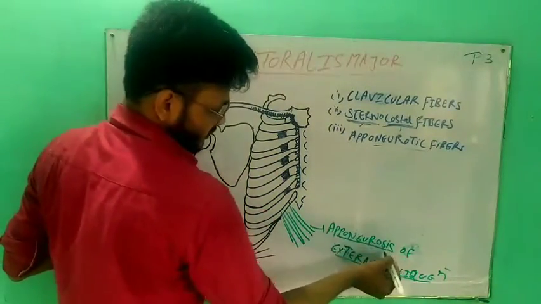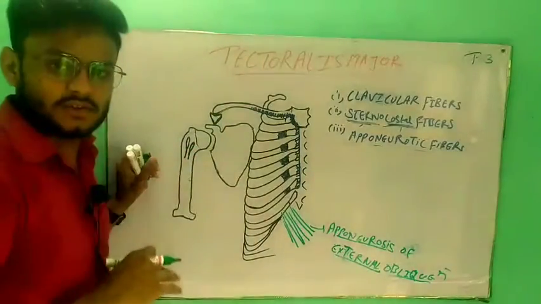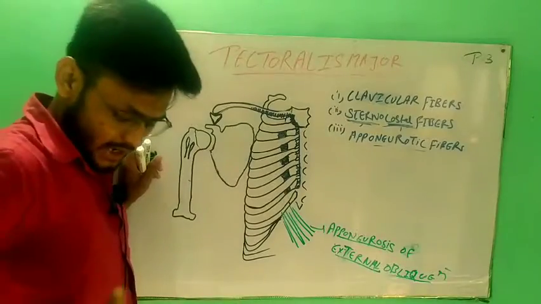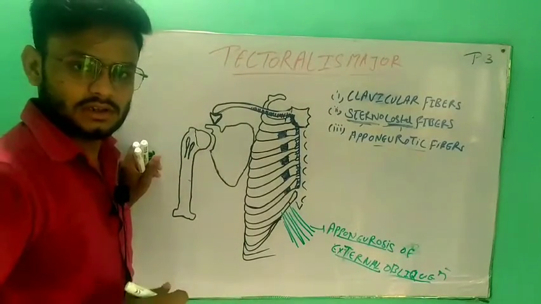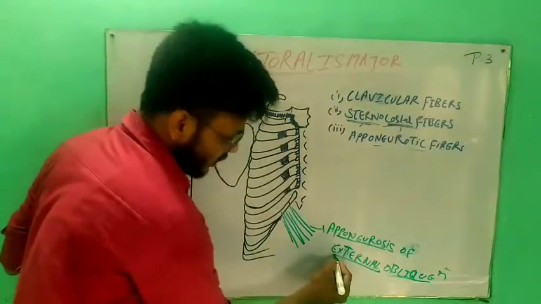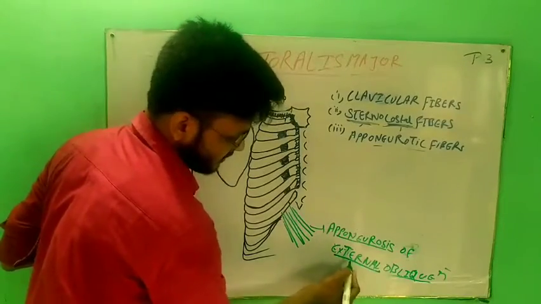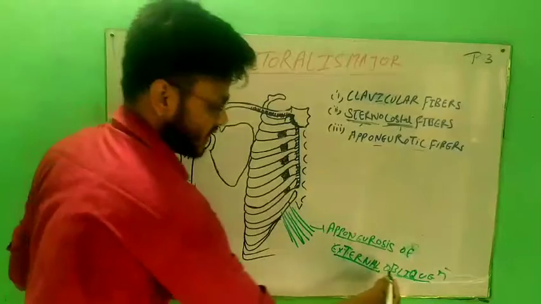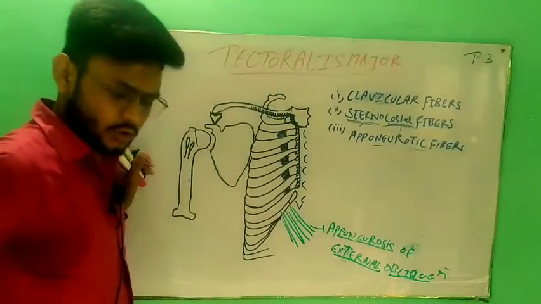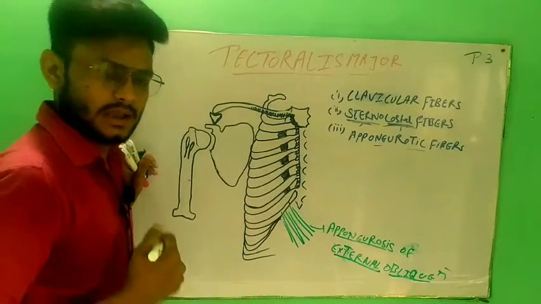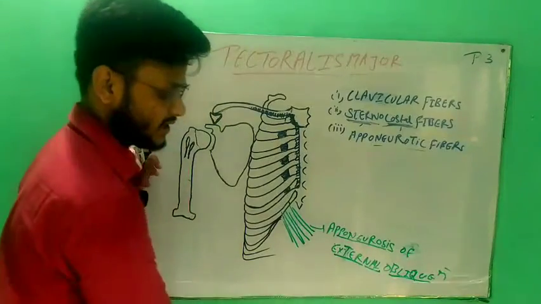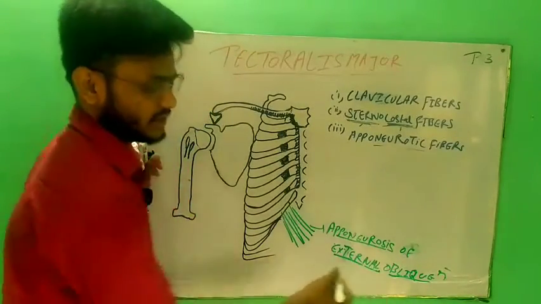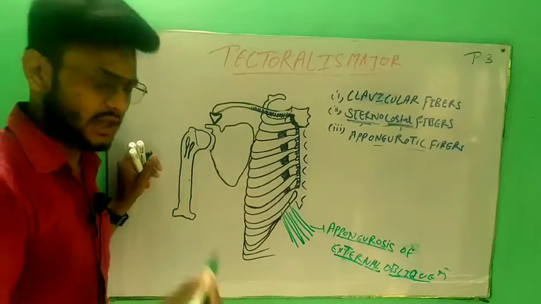Aponeurotic means fibers which arise from the aponeurosis of the external oblique muscle, which is the abdominal muscle, an outer side muscle, that's why it is called external. External means it is the outer muscle, and oblique means it runs obliquely, and it belongs to the abdomen. That's why it is called the aponeurosis of the external oblique muscle of the abdomen.